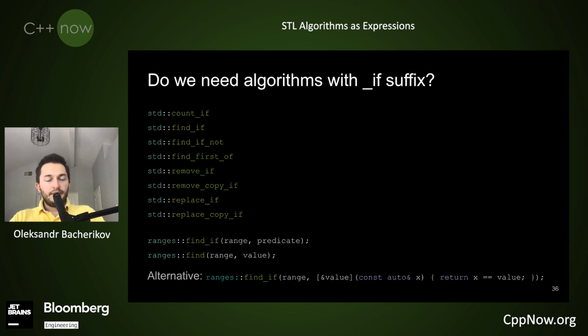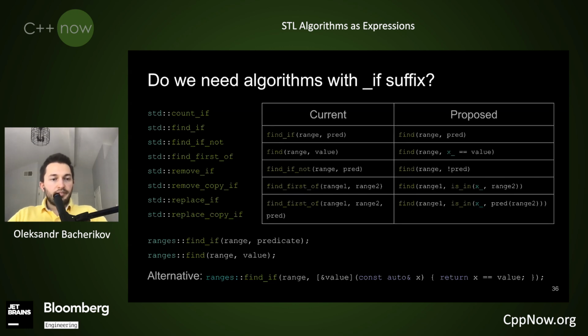But with the syntax I'm proposing, I think we could replace find_if with just find, which takes the predicate. The old find, which searches for a value, we can rewrite as x equals value. find_if_not, we can rewrite by just negating the predicate.